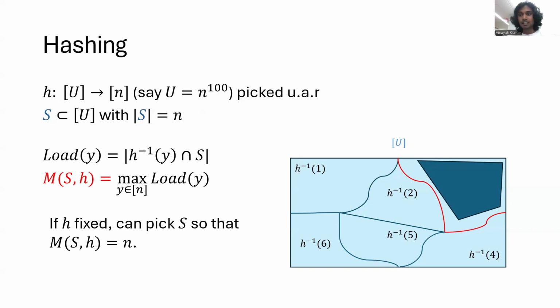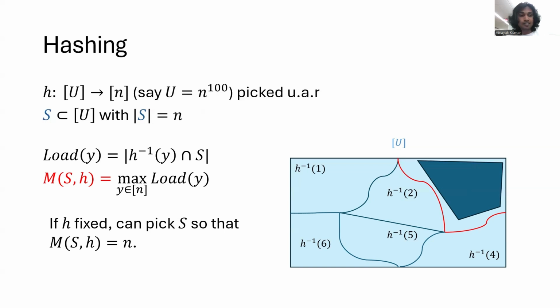I could then just pick n out of those n to the 99 elements to be my set of balls, and then suddenly there's one part with all n balls in it. So for fixed H, I can adversarially pick an S that'll have max load n.